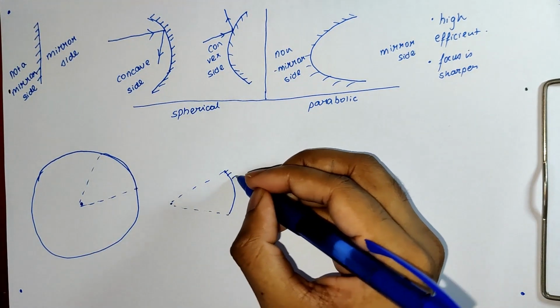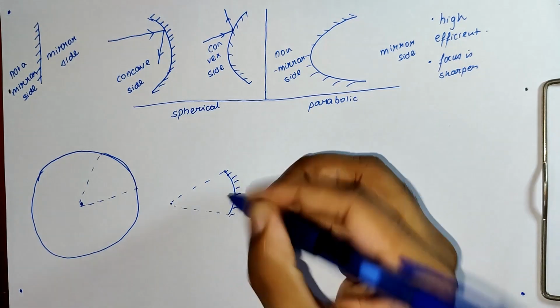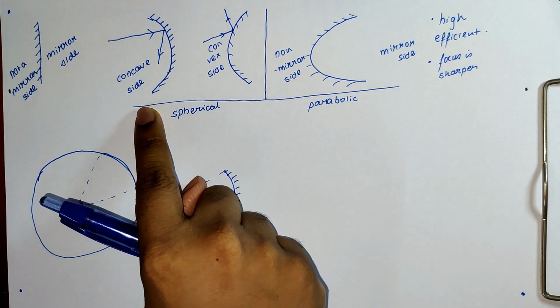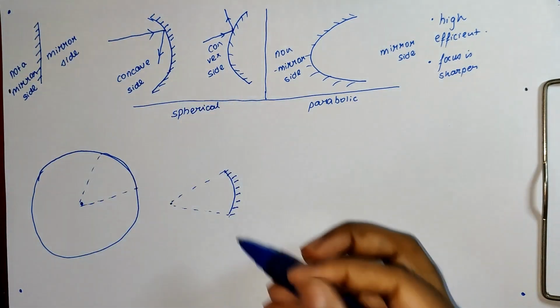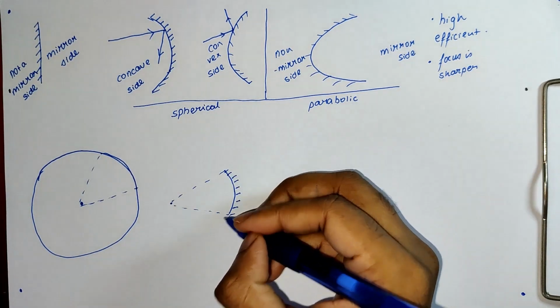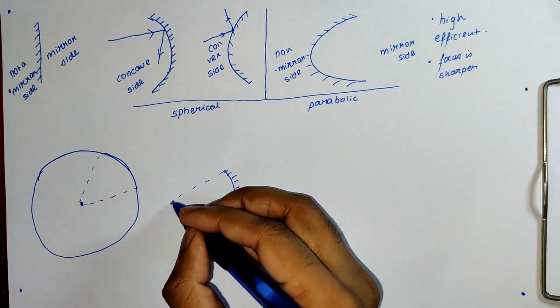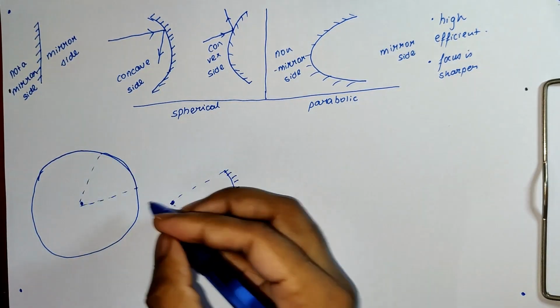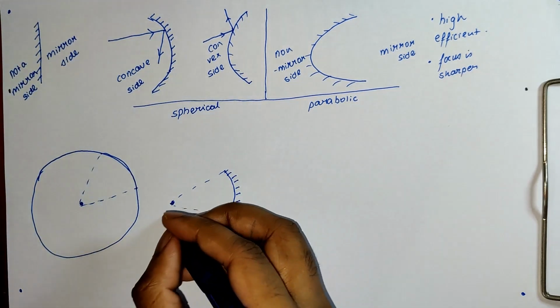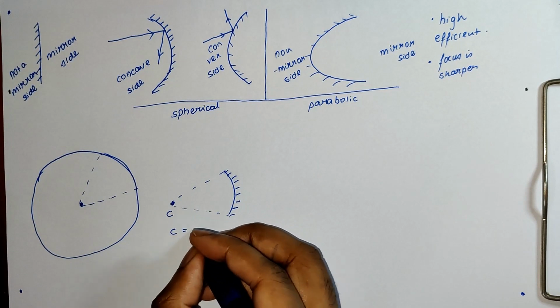Now I can silver it on this side or this side depending on the concave or the convex mirror which I need. So here I'm taking a concave mirror, and this mirror has a center in its spherical form, and that center of this mirror is called the center of curvature.